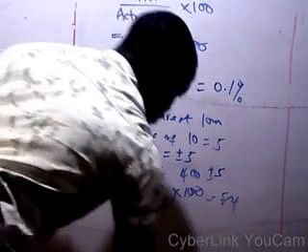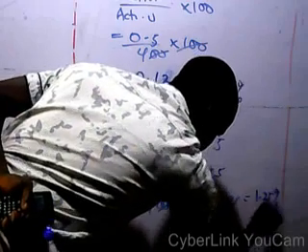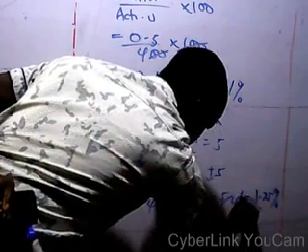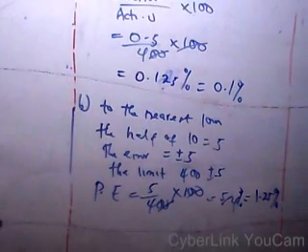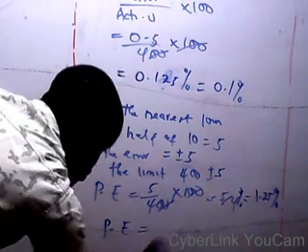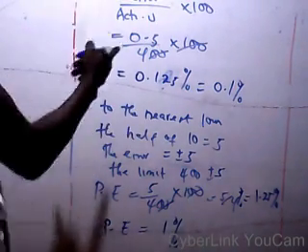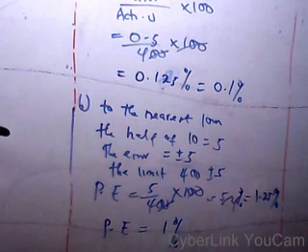So we have 1.25%. So which means the answer is 1.25%. So we have percentage error, 1.25 is written as 1%. The previous one is 0.1% and this one is 1%.